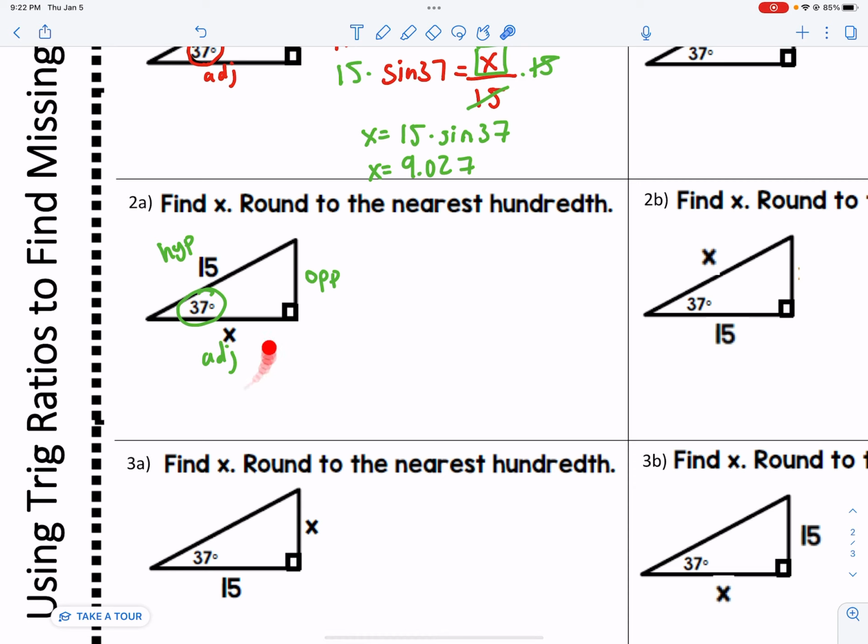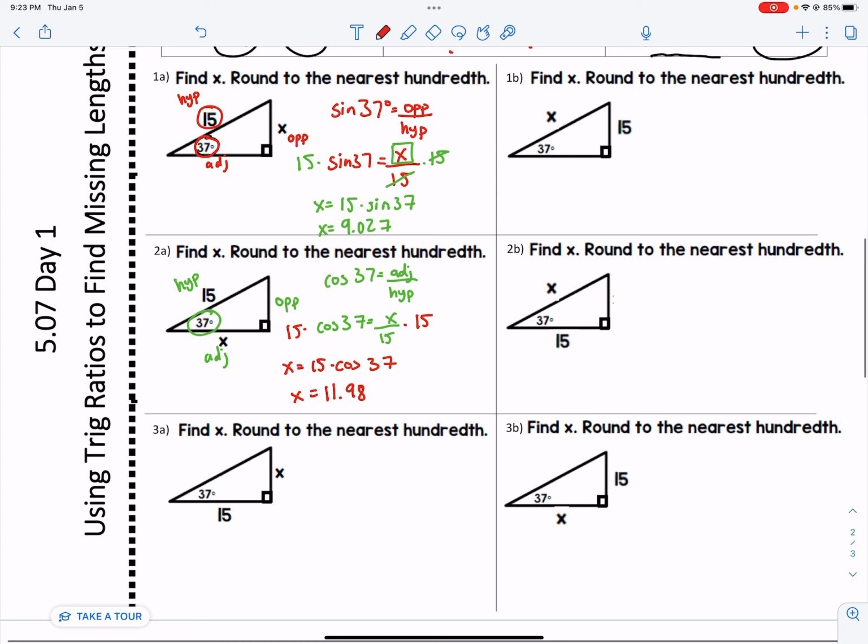And this one is going to be solved very similarly. Multiplying both sides by 15, now you get x equals 15 times cosine of 37. So typing that in, 15 times cosine of 37 equals, to the nearest hundredth, 11.98. Go ahead and try 2b.